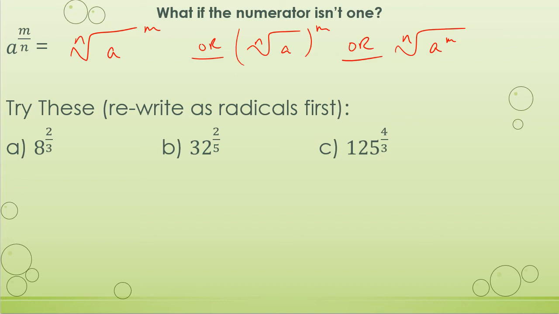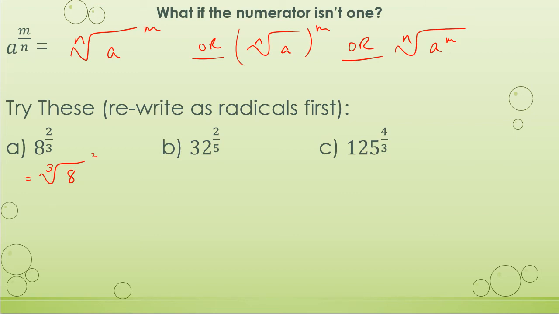So we're going to rewrite as radicals first, and then evaluate. Again, you have to show that you know what you're doing. The denominator, 3, goes in the index. Then my base of 8. And this is completely up to you how you want to write it. You could write the squared on the outside, you could write the squared on the 8, or you could put that whole thing in brackets and square it.